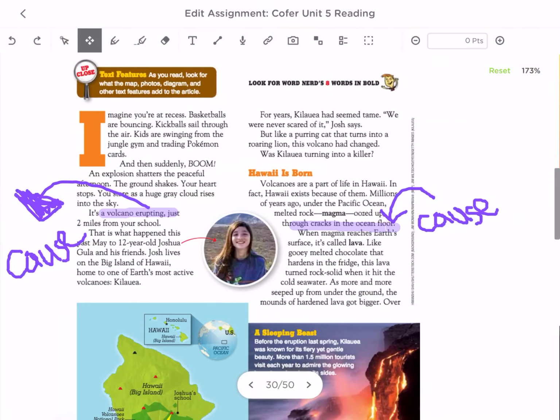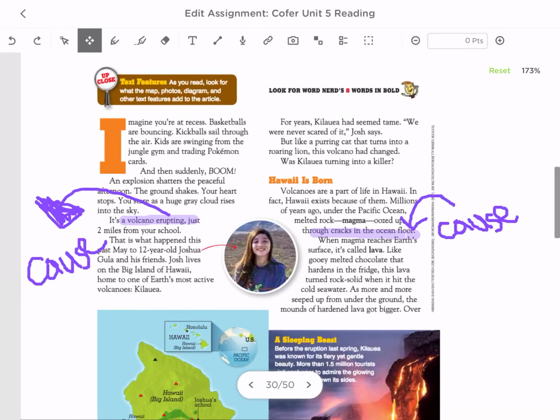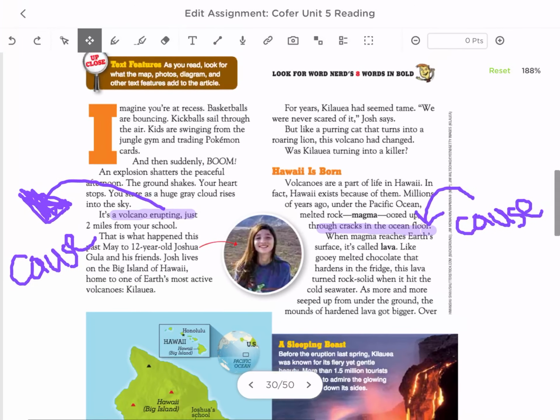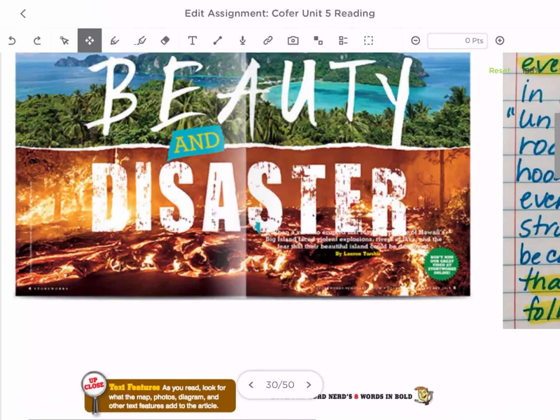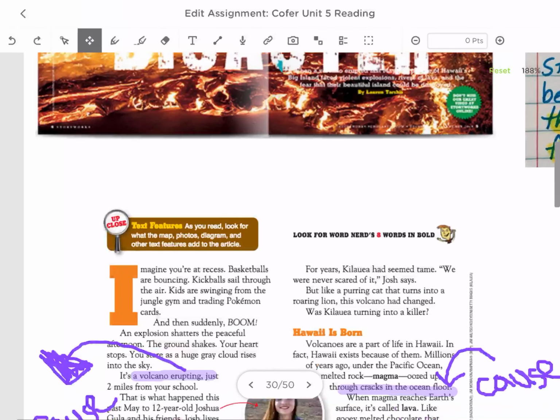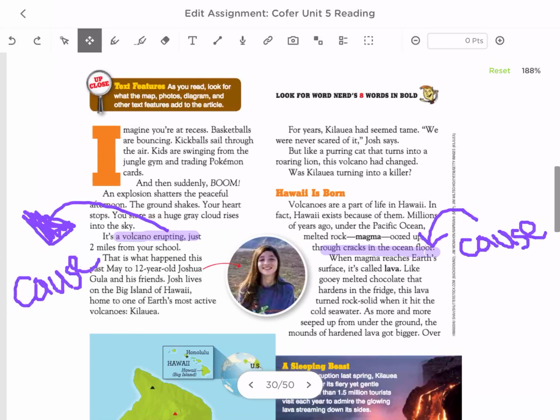As I look through my article here about Hawaii and the volcano there, I can find information about the cause, and you can see that I highlighted it here. It says, imagine you're at recess.